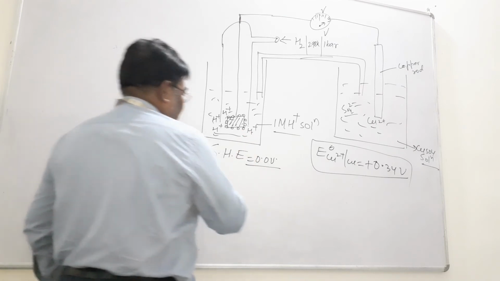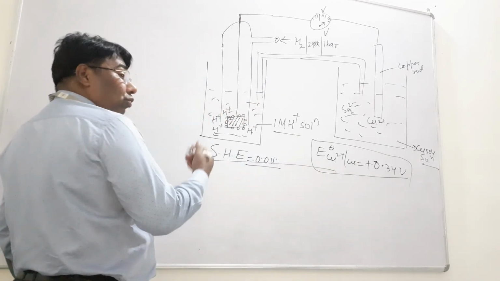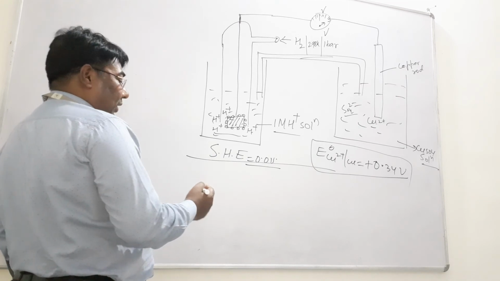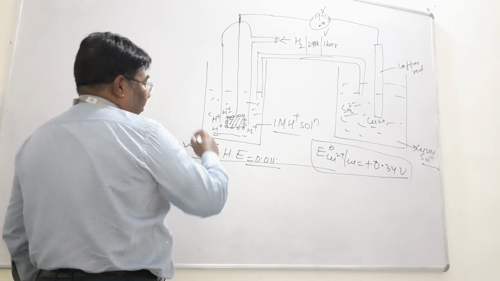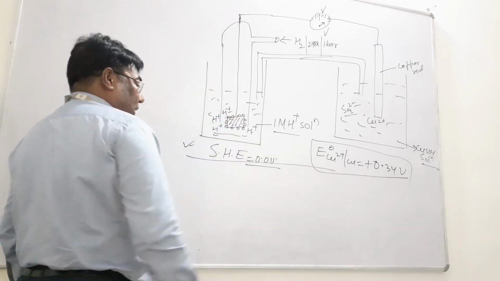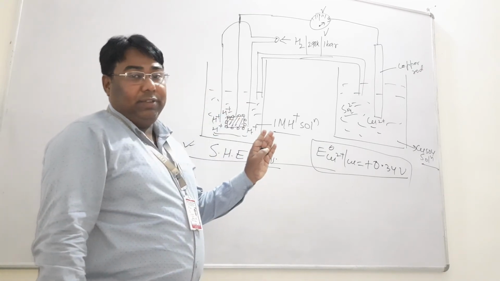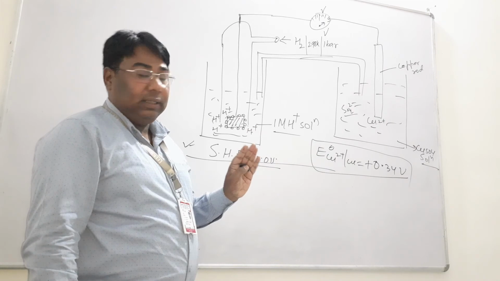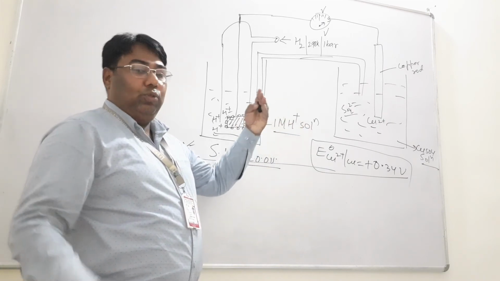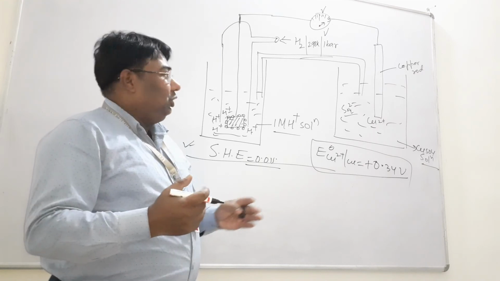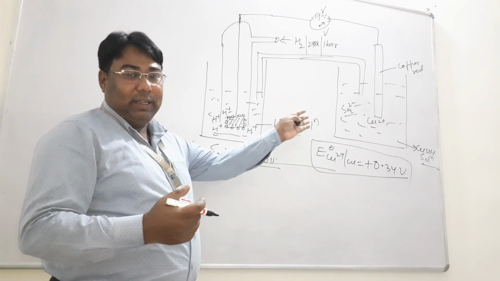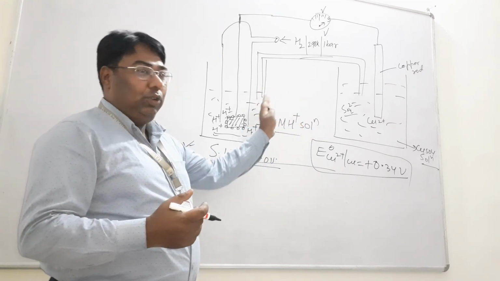And how will you find out the potential of SHE? The potential of SHE is 0 volt, all of you know that. And suppose you want to find out the standard reduction potential of magnesium, then you arrange magnesium and its electrolyte, and in the same way you find it out.